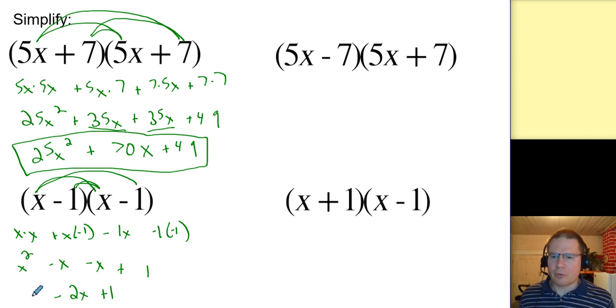Let me try to improve my handwriting. x squared minus 2x plus 1. And that process will happen every time we're multiplying in a similar fashion.